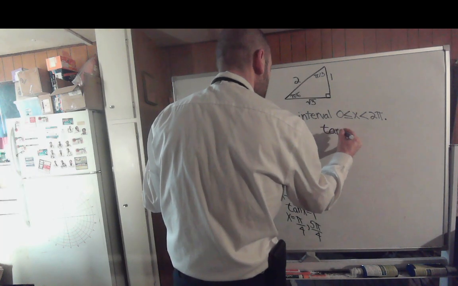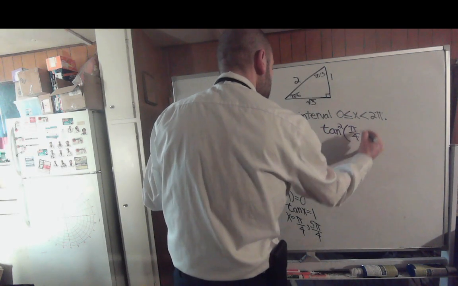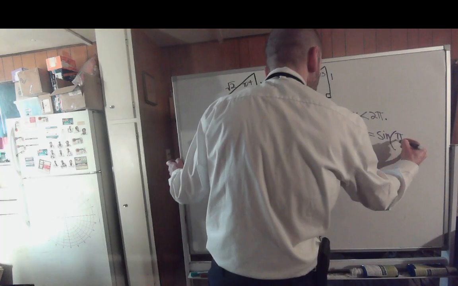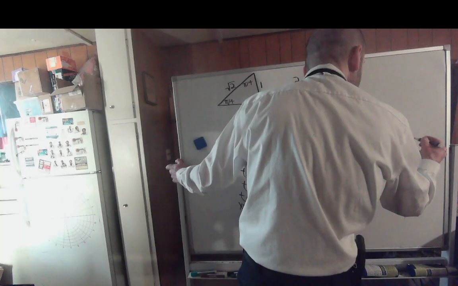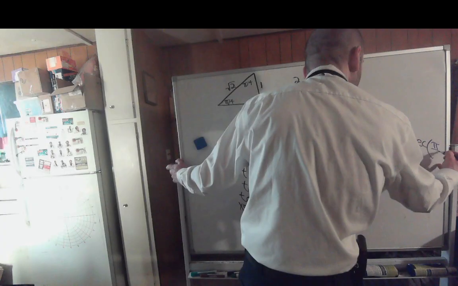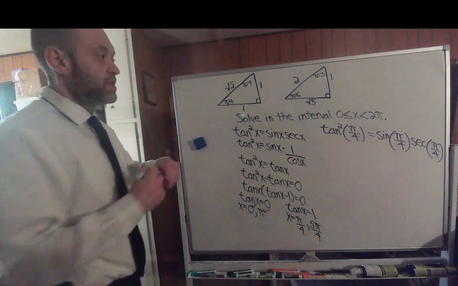So let's take the tangent squared of pi over 4, set that equal to the sine of pi over 4 times the secant of pi over 4. Well, okay, so what is the tangent of pi over 4? That's just 1.